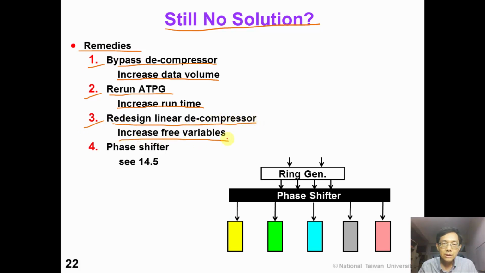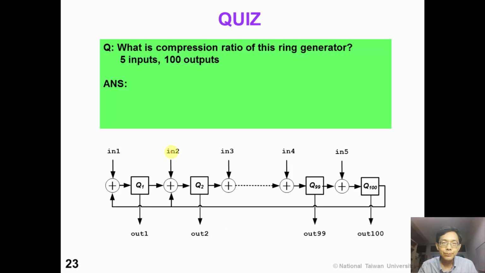We increase the number of free variables. And the last solution is a phase shifter. We can inject a phase shifter between the ring generator and our CUT so that we can shift the phase of the output. For more details, you can see chapter 14.5.